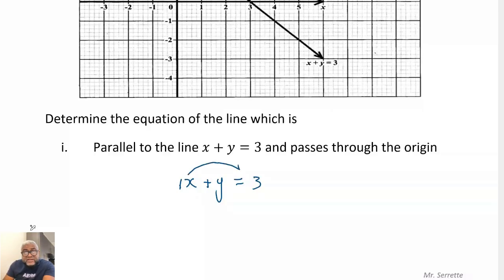I need to carry it to this side. When I carry x to this side, this is plus 1x. Plus 1x will become what? It is positive on the left, so when it goes to the right it becomes negative. I'm putting the negative first because I want to write it in the form y is equal to mx plus c.